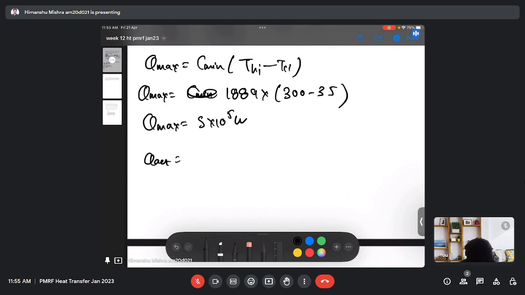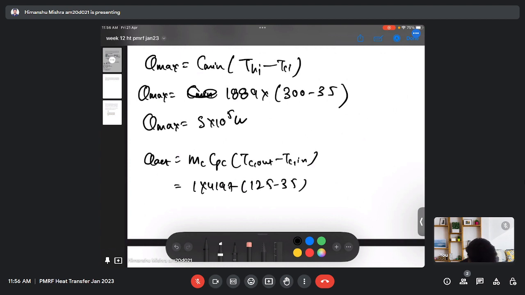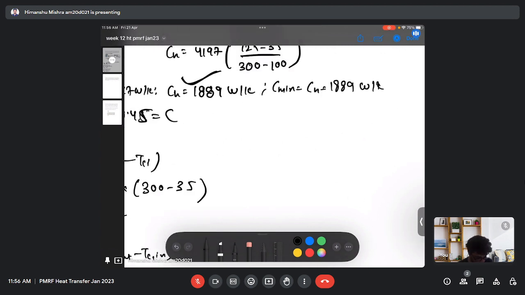So my actual heat transfer is 3.78 times 10 to the power 5 watt. This is my actual and this is my maximum. So I can calculate the effectiveness.